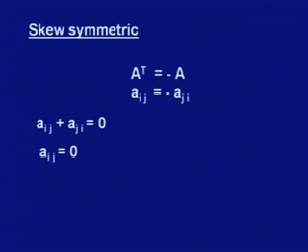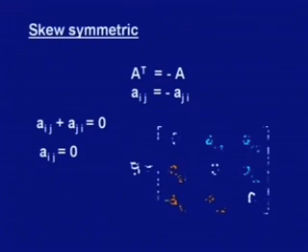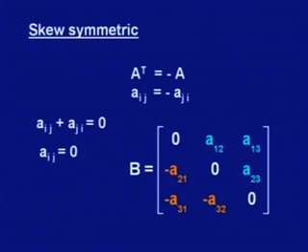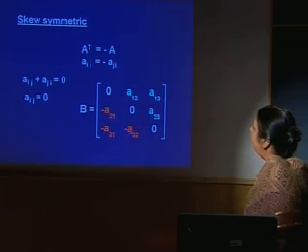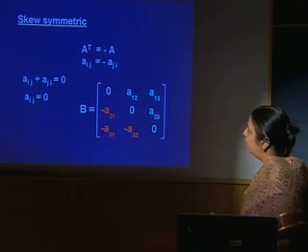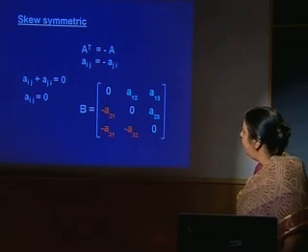That means, the diagonal element a_ii will be 0, only then this is possible. Like this matrix B is skew symmetric. A12 is the same as A21 with a negative sign. A13 and A31 differ with negative sign. A23 and A32 differ with negative sign, while on the diagonal all the elements are 0. So, this is a skew symmetric matrix.